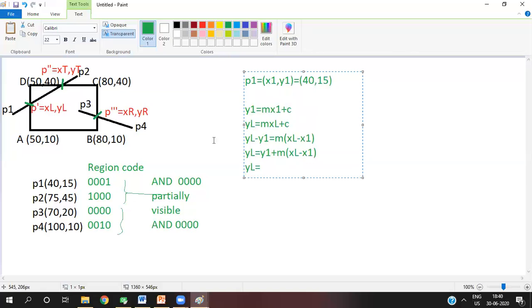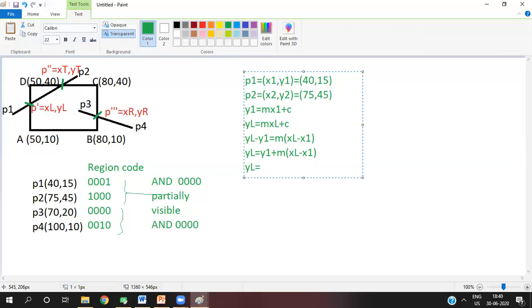And what is X2, Y2? P2 is equal to X2, comma, Y2 is equal to 75, comma, 45.